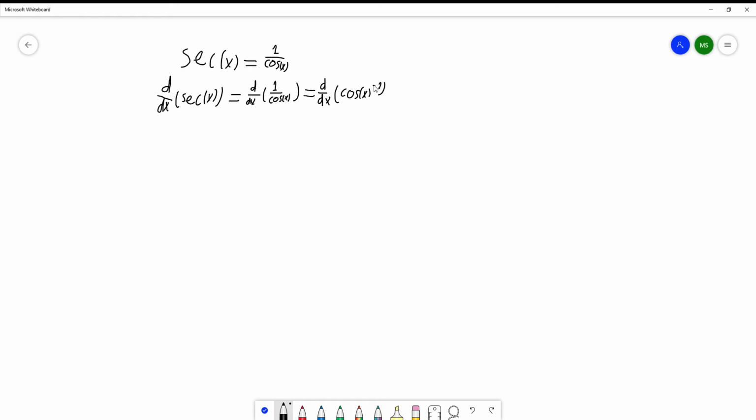In the same way, we can calculate the derivative of secant of x. So we know this is going to be negative 1 times cosine of x to the power of negative 2, multiplied by this derivative, this negative sine of x. Now the negatives cancel out. So we get 1 divided by cosine of x squared times sine of x.